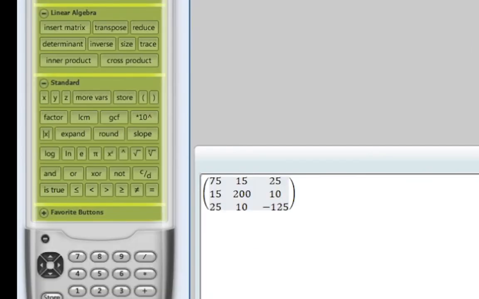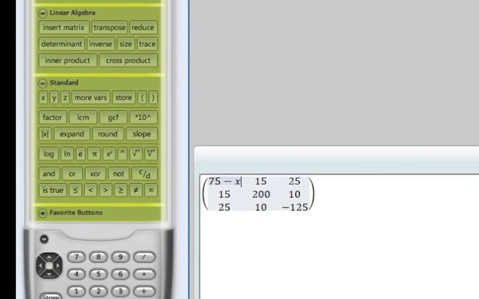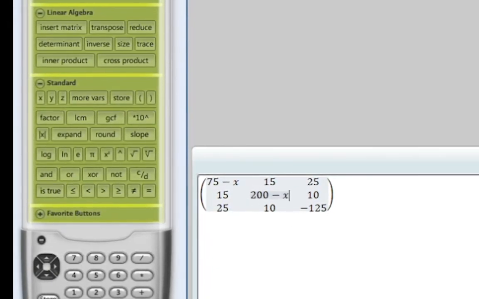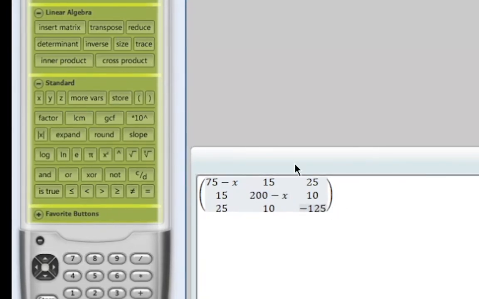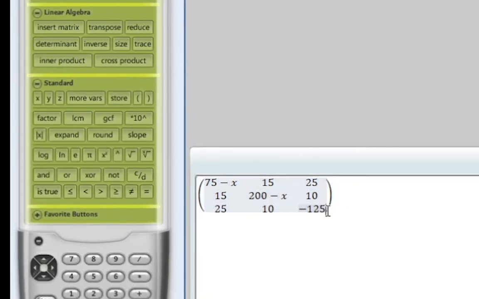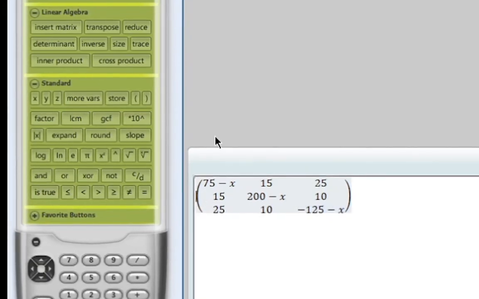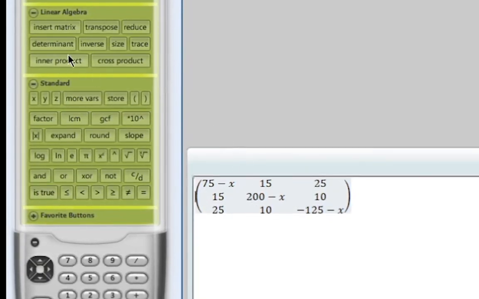So we have this one, and therefore we need to subtract a value, and let's just say an x value, so we use the variable x here. And we want to determine the determinant of this matrix.